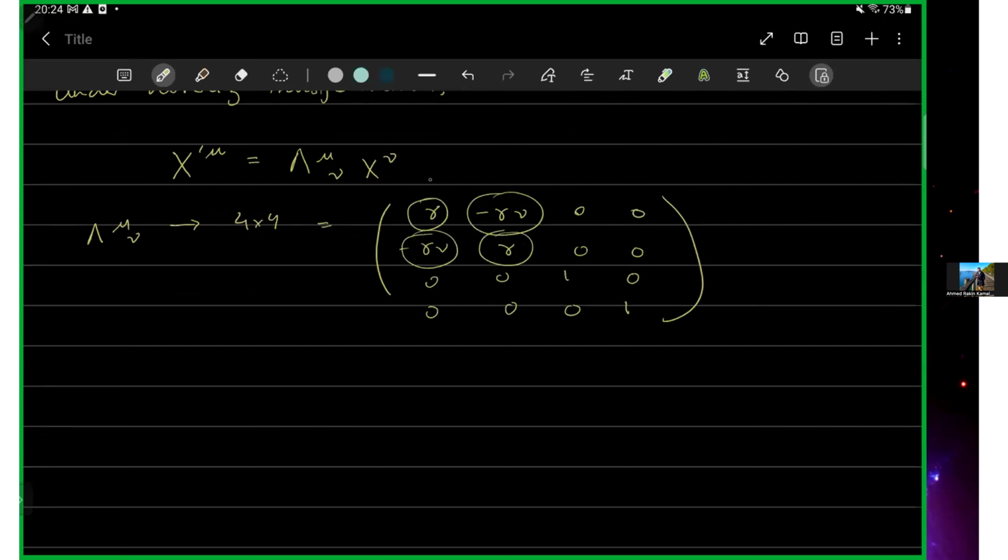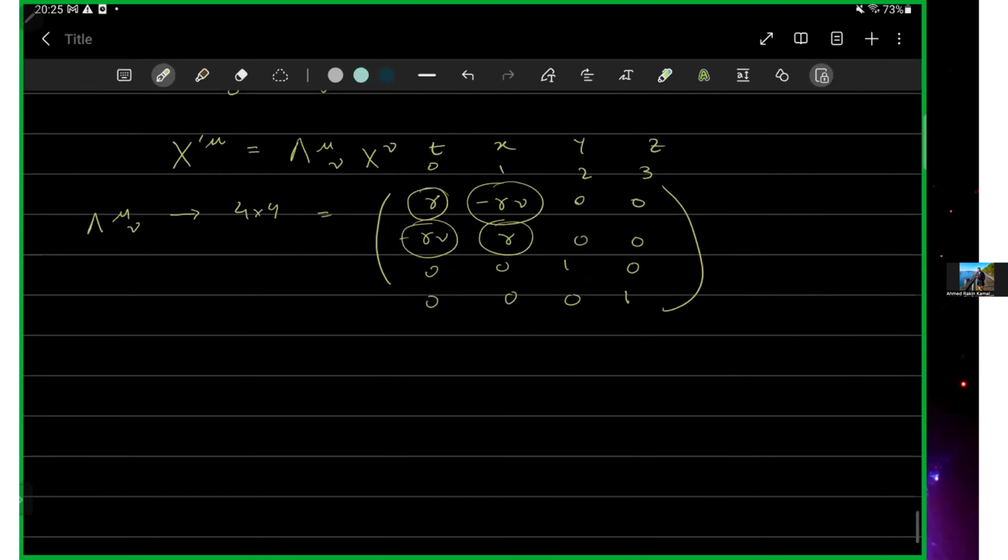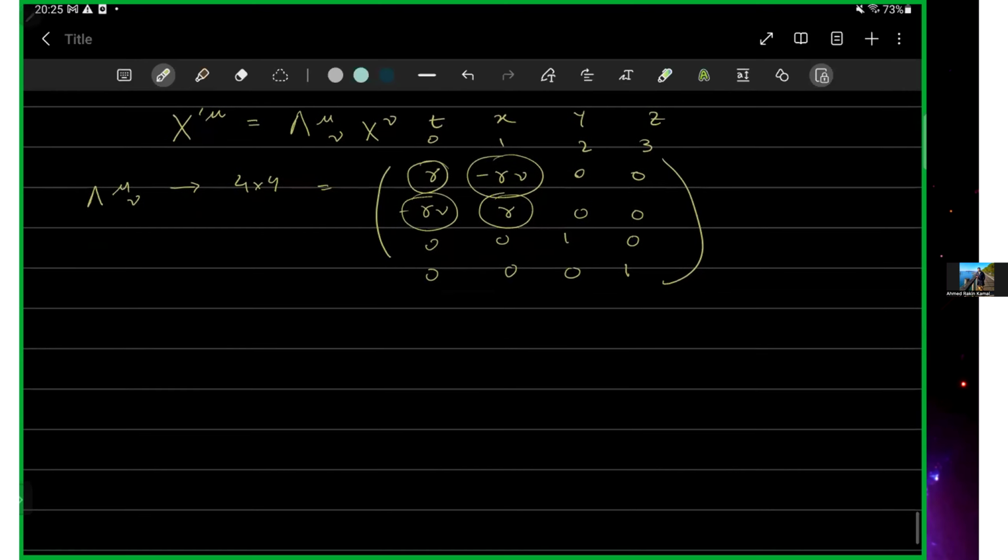So the only terms that are affected by the Lorentz transformations are these ones. Remember, this is the 0th part, which stands for time, right? This is 1, 2, 3, so this is x, y, z. Therefore, the temporal part and the x direction part are only affected by the Lorentz transformation. Once you multiply this with x nu, you should get the transformed equations, as I wrote earlier.